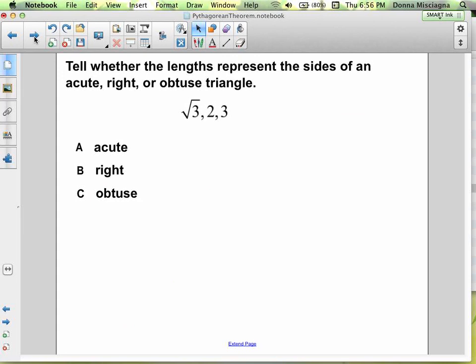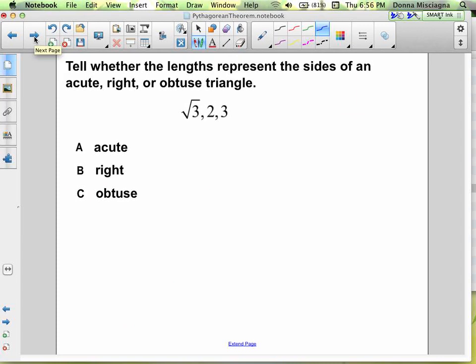All right, so let's determine whether these represent the sides of an acute, right, or obtuse triangle. I would never give you something like this and ask you to determine if it's a triangle, because, well, I guess you could take the square root of 3 and get a decimal equivalent so you can add it up. I will tell you that it does make a triangle. Now, you might wonder which of these is the larger side.